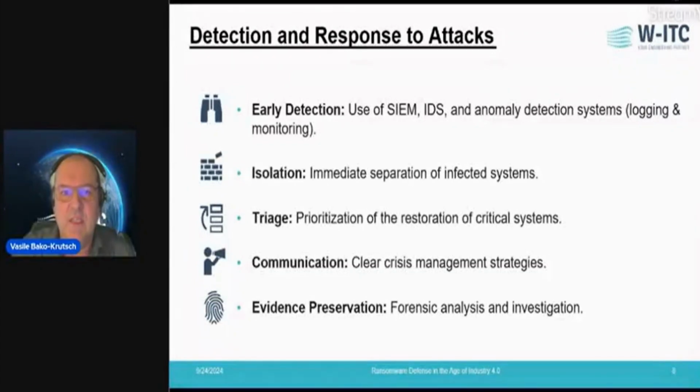The already mentioned SIEM systems collect and analyze log data from various sources to detect threats in real time. Another possibility would be an event detection and management system. These systems focus on detecting and managing security events.